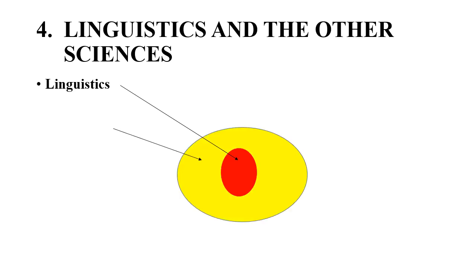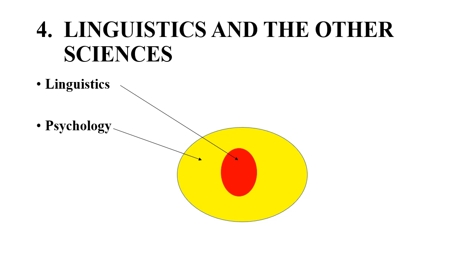Let's look at the connection between linguistics and the other sciences. Let's have this red area here represent linguistics. Linguistics is part of what science? What do you think? Linguistics is part of psychology. Psychology, as the name suggests, logi comes from logos, which means the study.